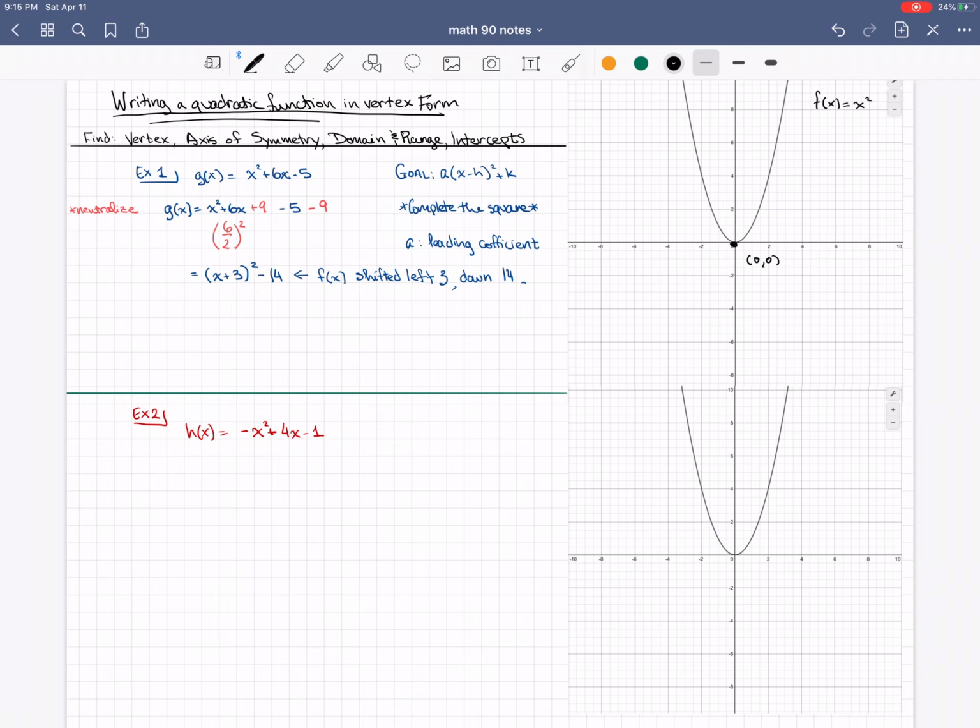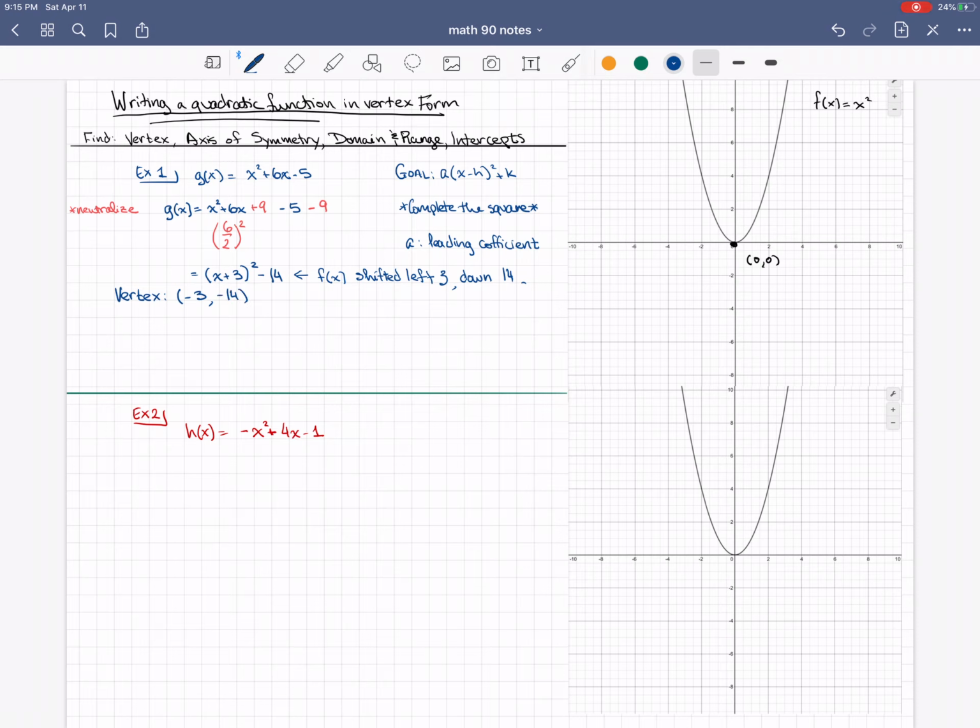Well, where did it end up after being shifted left 3 and down 14? The vertex of g, which I'll write here, is the point negative 3, that's the shift left, and negative 14.